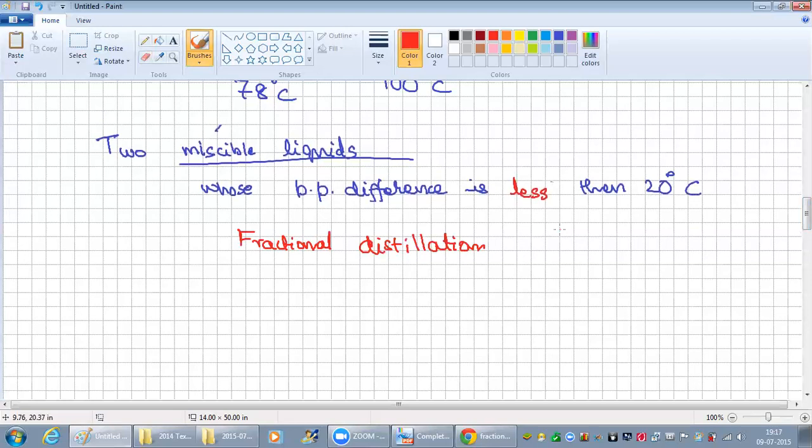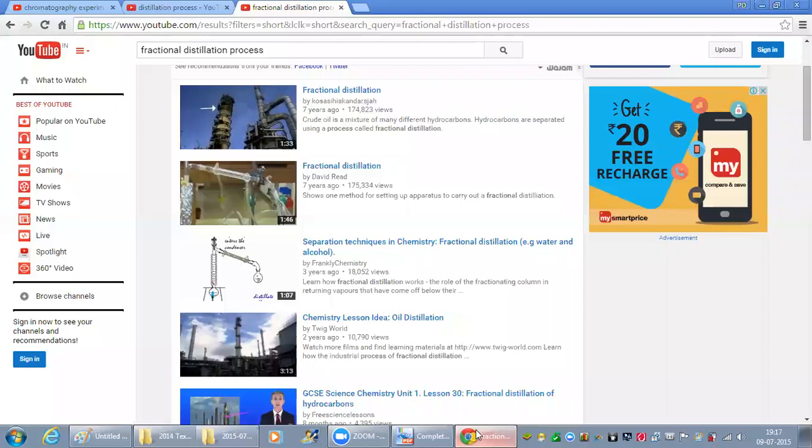The only difference over here is something else is added, which is known as fractionating column.